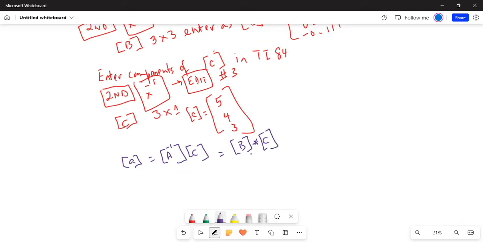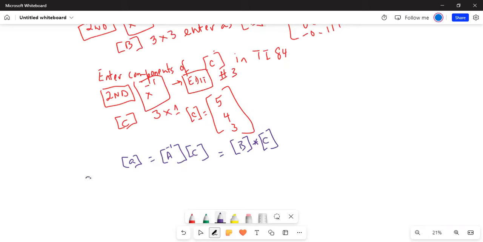Okay, so let's do that. We are going to multiply matrix B times matrix C. B is actually the components of A inverse, and C is the constant matrix on the right hand side, which is 5, 4, 3.